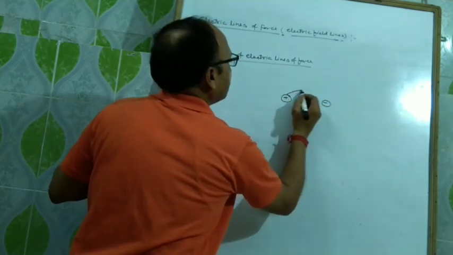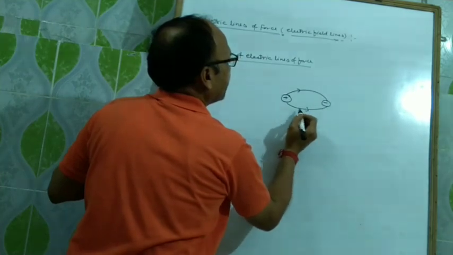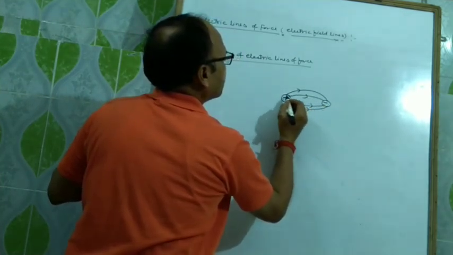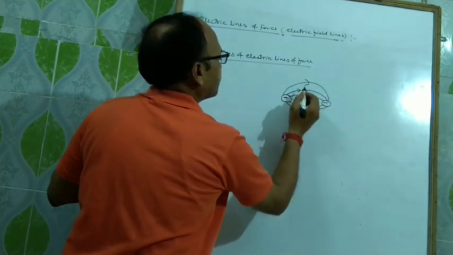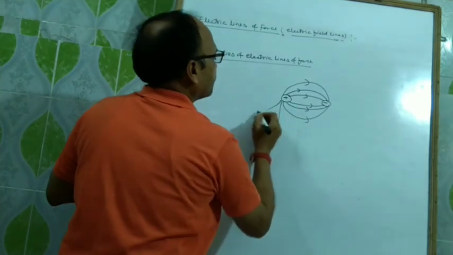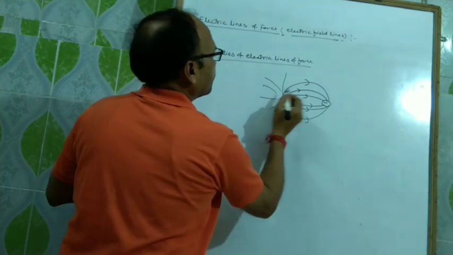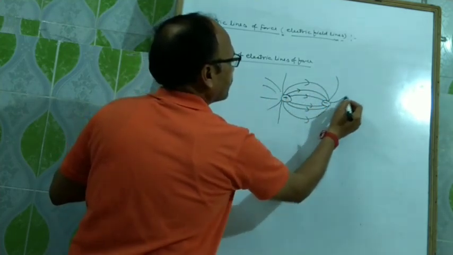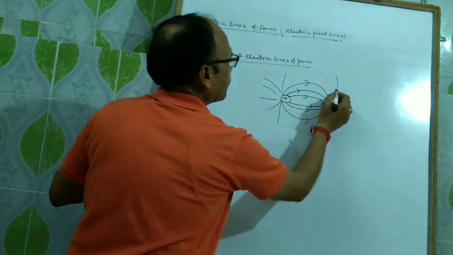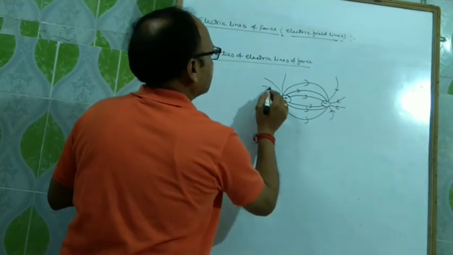So these electric lines of force start from this and end at the negative charge body, like this.